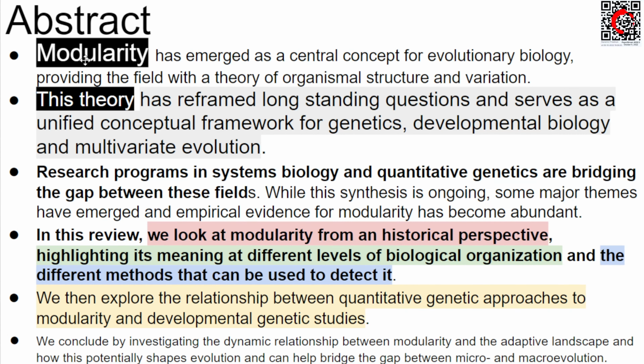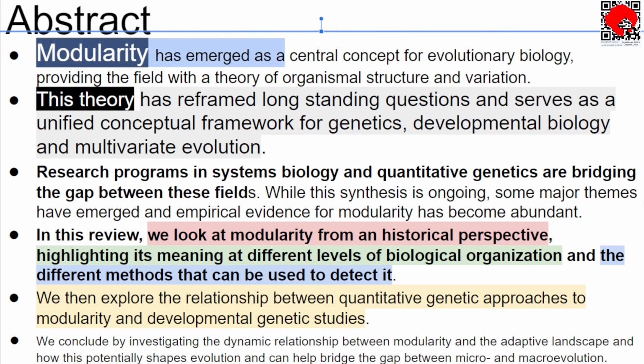Here's the abstract. Modularity has emerged as a central concept for evolutionary biology, providing the field with a theory of organismal structure and variation. This theory has reframed long-standing questions and serves as a unified conceptual framework for genetics, developmental biology, and multivariate evolution. Research programs in systems biology and quantitative genetics are bridging the gap between these fields. While this synthesis is ongoing, some major themes have emerged and empirical evidence for modularity has become abundant.